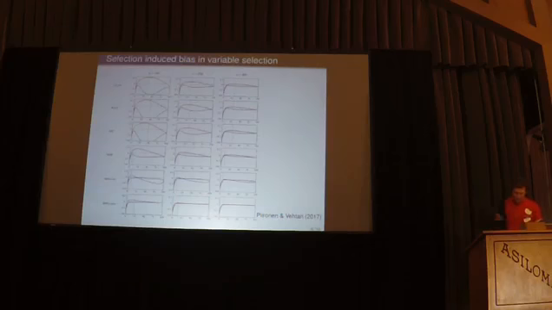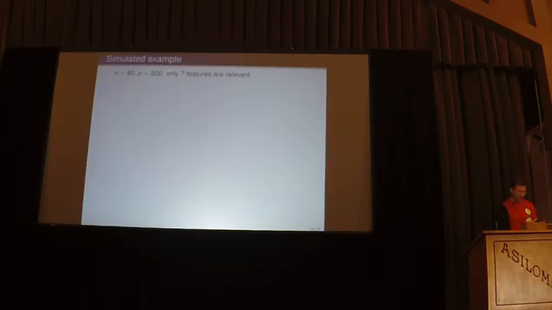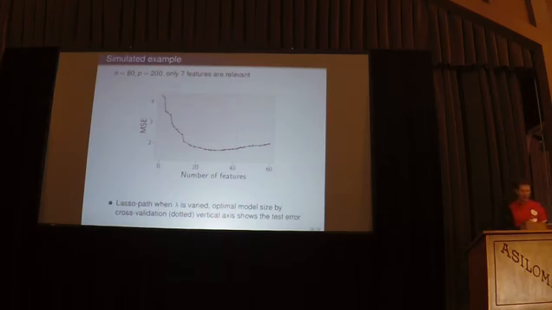Just reminding about the good results, and now also comparing to lasso. So this is a simulated example, N equals 80, 200 covariates, only 7 are relevant.